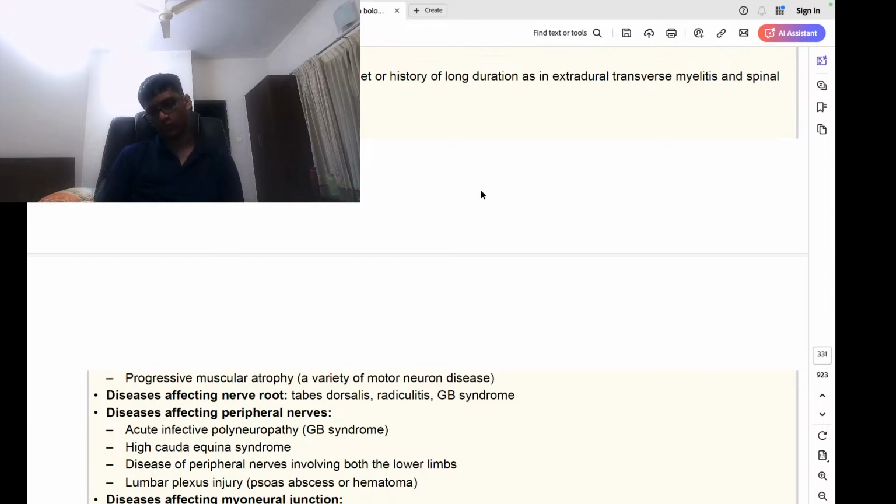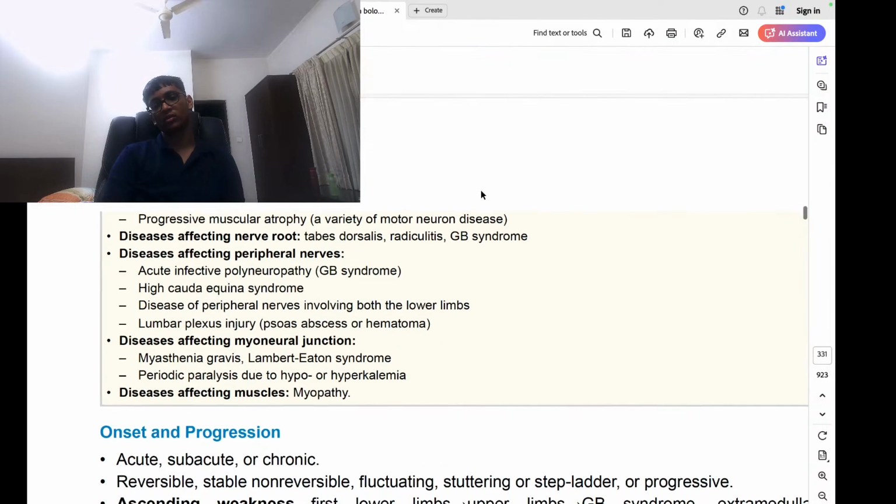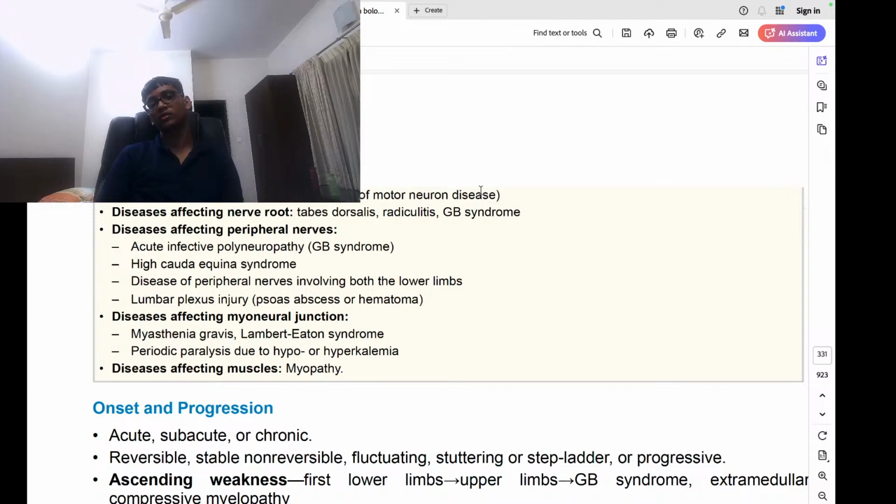Then diseases affecting the neuromuscular junction: myasthenia gravis, Lambert-Eaton syndrome, periodic paralysis due to hypo or hyperkalemia, and diseases affecting the muscles, myopathy.